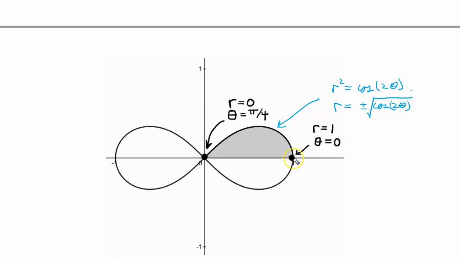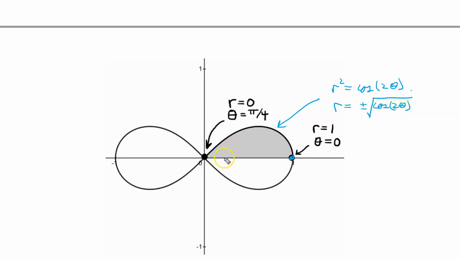Okay. So if we start out with theta equaling 0, if we put 0 in here for theta, cosine of 0 is 1, so we start out right here. Now as we let theta vary from 0 to pi over 2, notice that once we get to pi over 4, 2 times pi over 4 gives us pi over 2, and that's when the cosine is equal to 0, right?